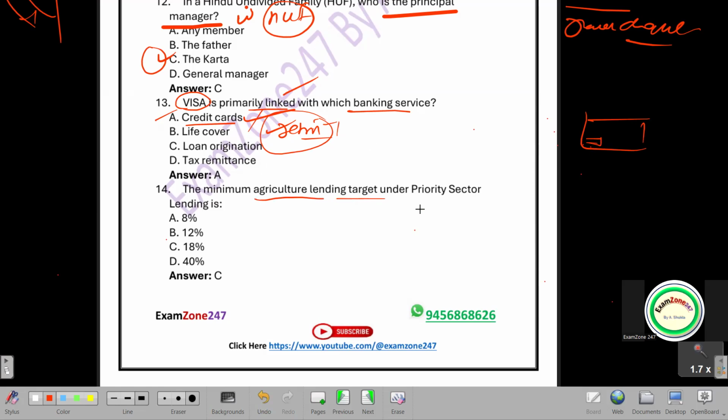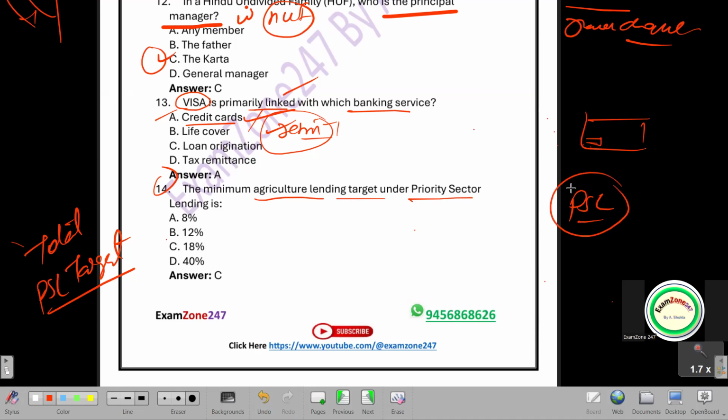What is the minimum agriculture lending target under priority sector? This everyone must know. What is the total priority sector lending target? See, this year PSL is very important.